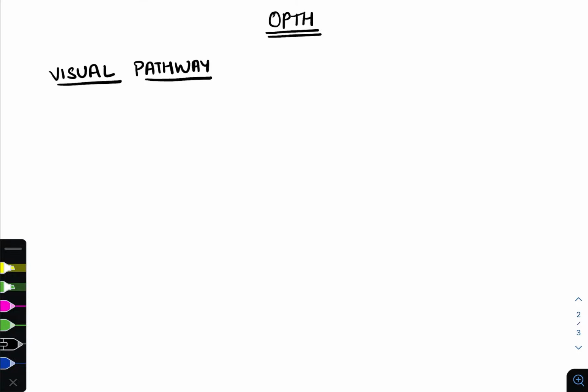So in the visual pathways, how can a person visually see an object and how does the pathway run through our orbit and our brain? Suppose these are our orbits; this is one eye, this is the other eye. Here they meet in an X shape, and that is the optic chiasma.